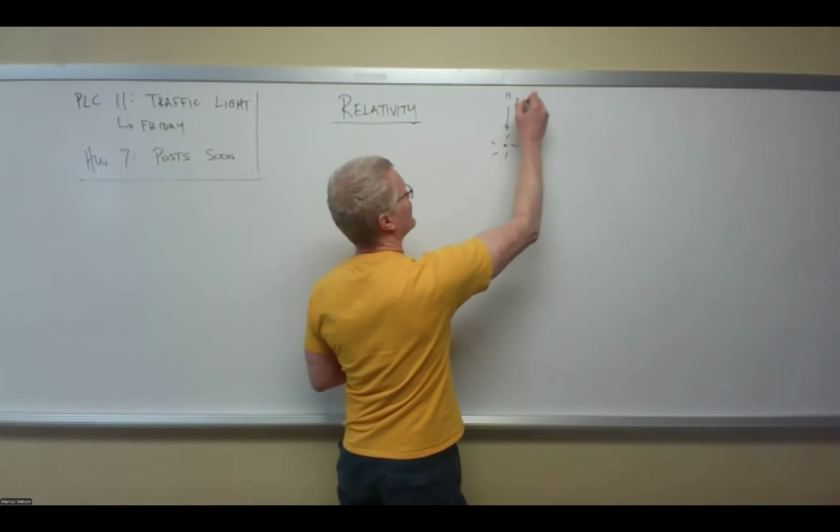In other words, since I call this the prime frame, I'll just call these the prime coordinates. In other words, what are X prime, Y prime, Z prime, and T prime if we know what X, Y, Z, and T are? That's basically the question of relativity.